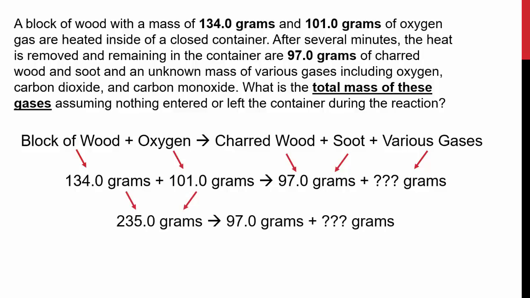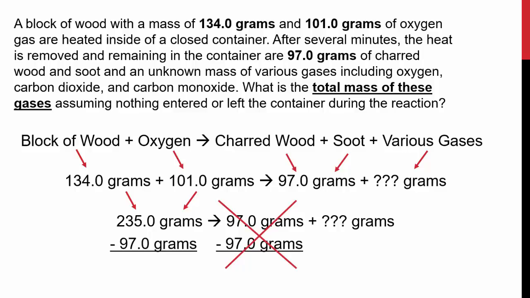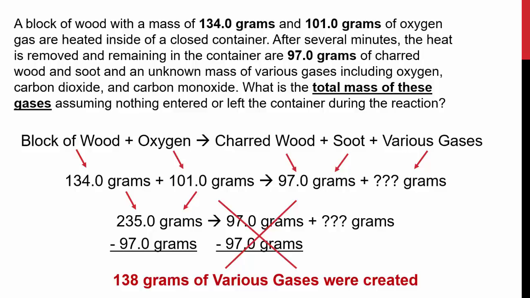So we add the block of wood and the oxygen, giving us 235 grams, and we're now going to figure out how much various gas we are left with. You subtract the 97 grams from both sides, and we find that we have 138 grams missing on the product side, which would represent the various gases.